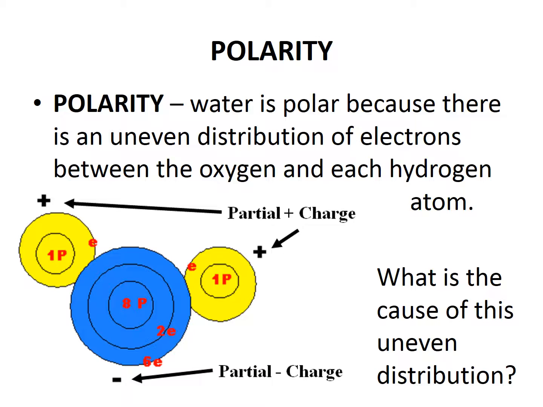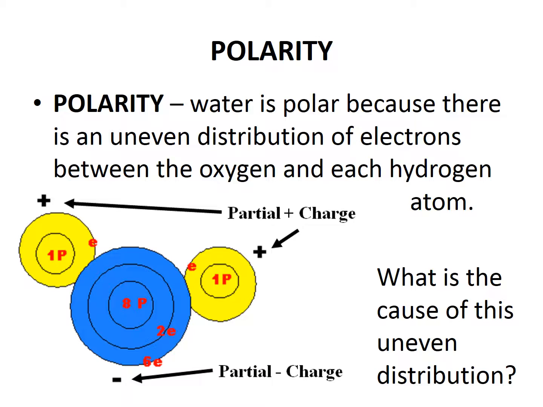A polar molecule has a region with a slight positive charge and a region with a slight negative charge. Water is polar because there is an uneven distribution of electrons, meaning an unequal sharing of electrons, between the oxygen and each hydrogen atom.